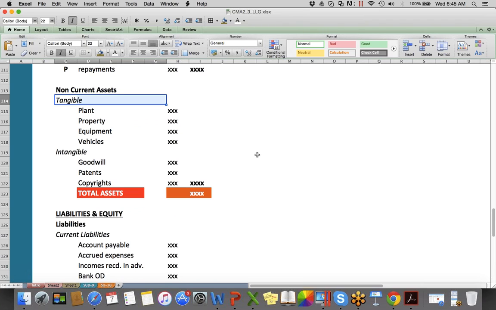Intangible assets are those which do not have any physical substance, means they do not have any physical existence. They are the rights, they are the reputation we buy from the owners of the rights, and we buy them for a certain period.